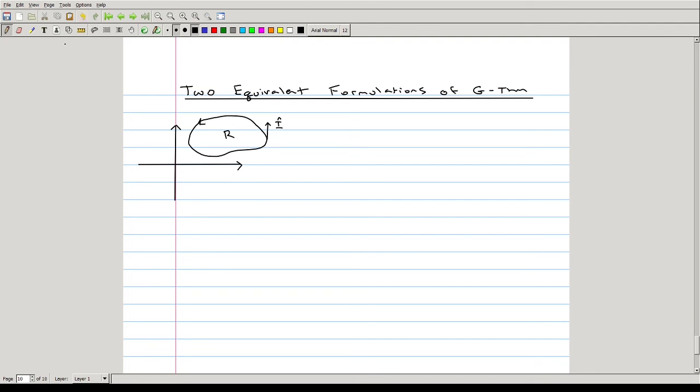We can also define the unit normal vector to t hat, as we've talked about. And for a 2D curve, defining n hat is very straightforward. You can get it very nicely directly from t.